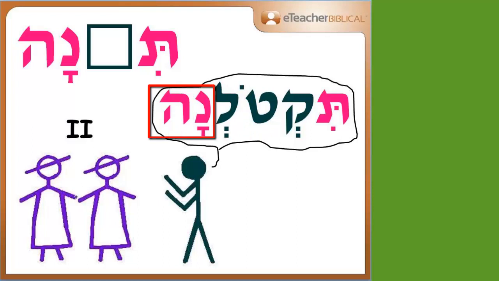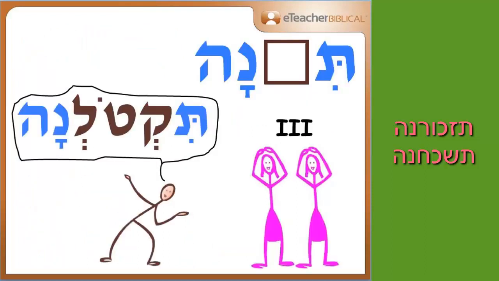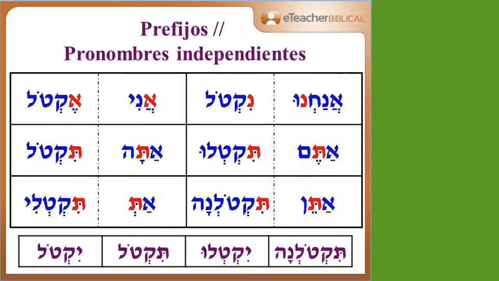For example, atena tizkorna. And if I have a patach vowel, we will say atena tishkachna. So, same thing for the second feminine plural and the third feminine plural. Again, this is tiktolna, hena tiktolna.